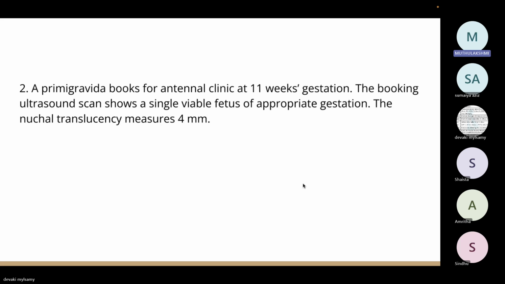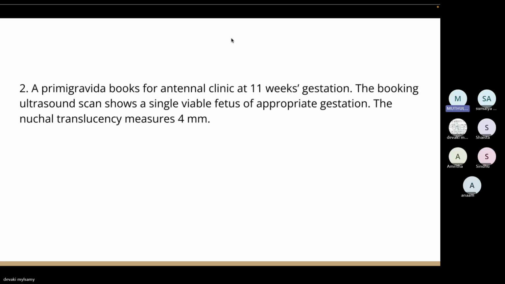The patient will be called and referred to the fetal medicine unit, and she should be counseled regarding pros and cons of definitive testing like chorionic villus sampling and amniocentesis, which tell the correct diagnosis, and the anticipated risk of 1 in 200 of abortion will be explained, and patient wishes will be respected.